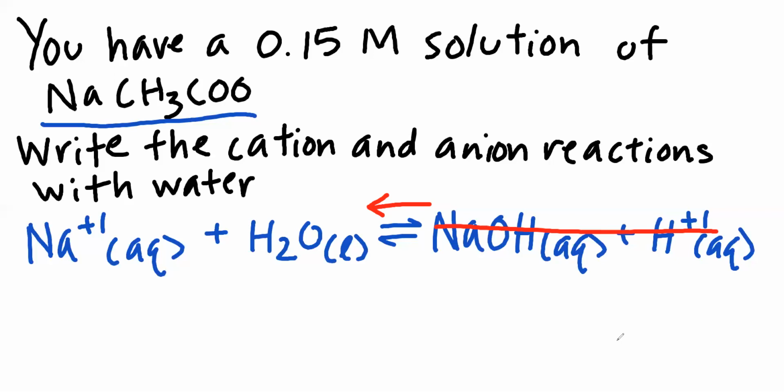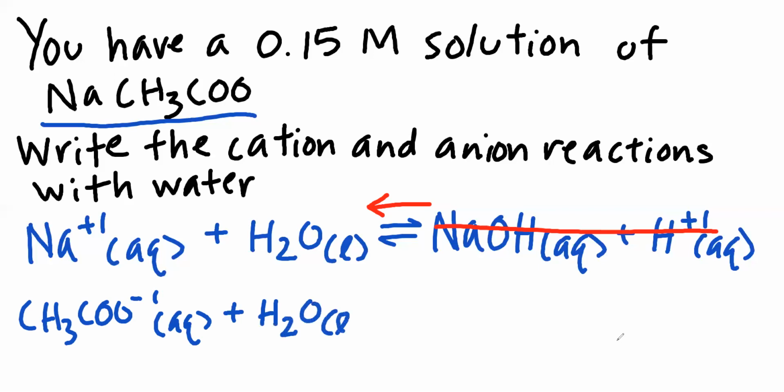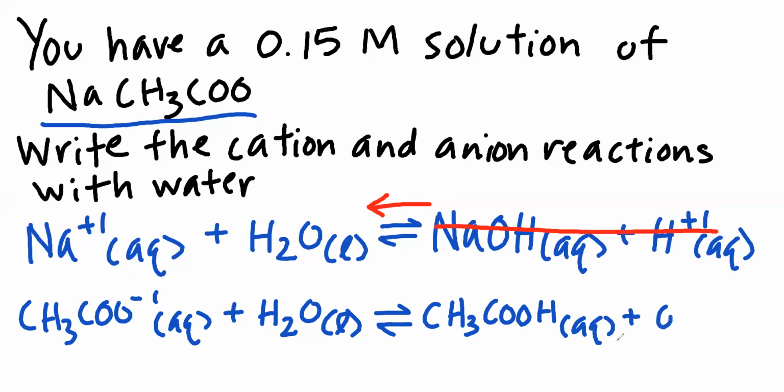For acetate, though, it's a different story. When acetate reacts with water, it's going to gain a hydrogen, becoming acetic acid, and what's left over is hydroxide.